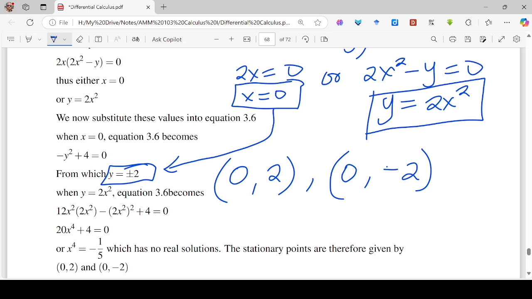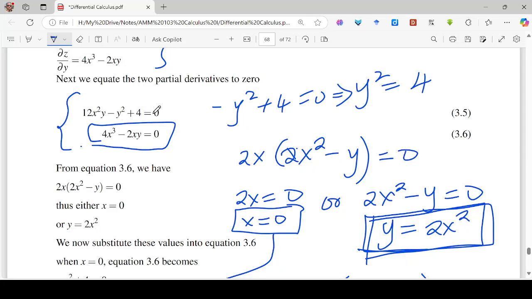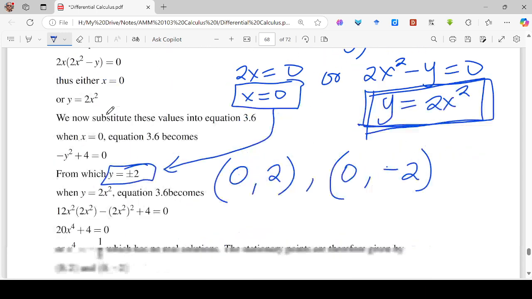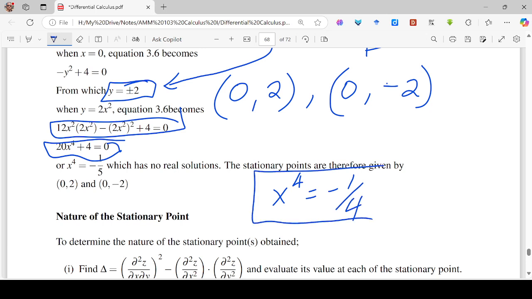If on the other hand we substitute y equals 2x squared into equation 3.5, this should give us this equation, which can be simplified so that we get x raised to power 4 equals minus 1 over 5.